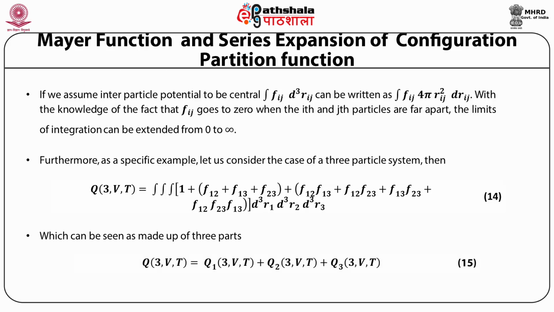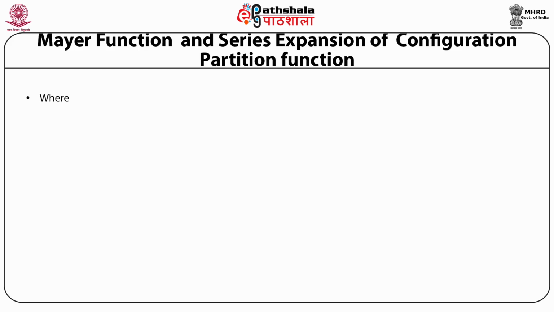Q1(3, V, T) plus Q2(3, V, T) plus Q3(3, V, T), where Q1 is equal to a triple integral over r1, r2 and r3, which is equal to V raised to the power 3.